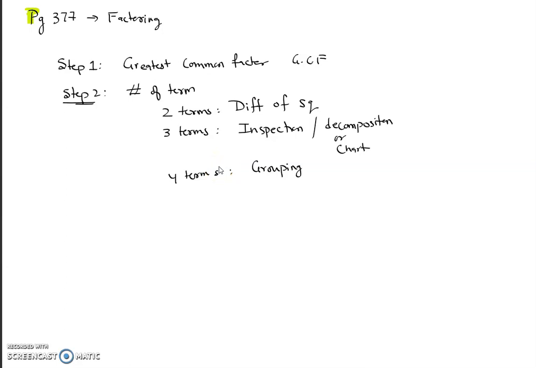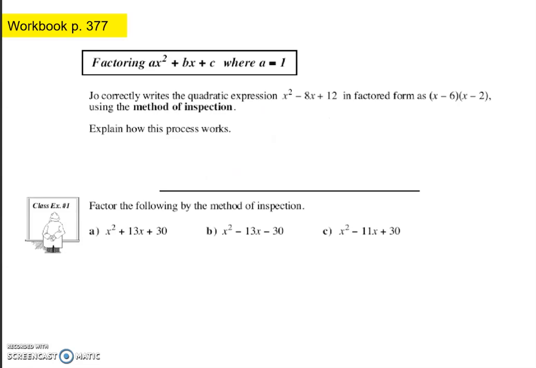The very first example that you're going to see is for the method of inspection. This is the one that you will probably see most of the time. It comes in the form of a trinomial. If you remember from Unit 7, when we were looking at the 3 ways quadratic equations were given, the first one, called general form, ax squared plus bx plus c, is a trinomial.